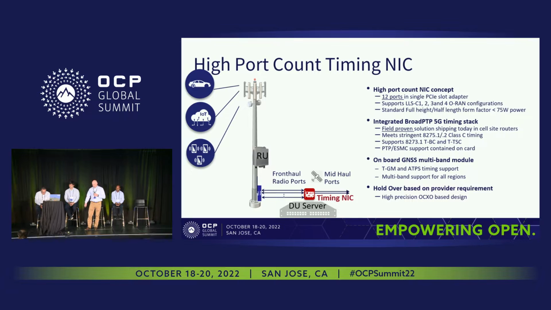So the split here, depending upon, is that the L1 processing is mostly done in the RU, but there's some of that processing that's done in the DU. Taking that timing NIC and putting it in the DU server allowed us to isolate all the complexity around the stack, around the testing of the interactions, all of that contained on the card.